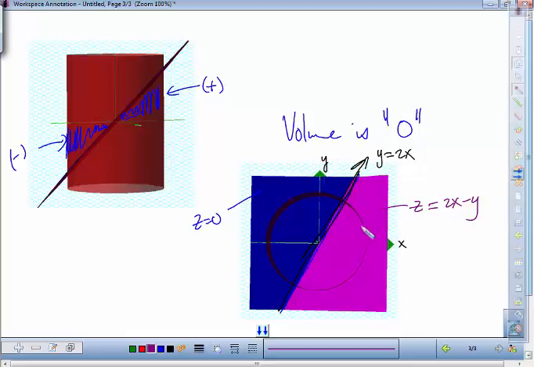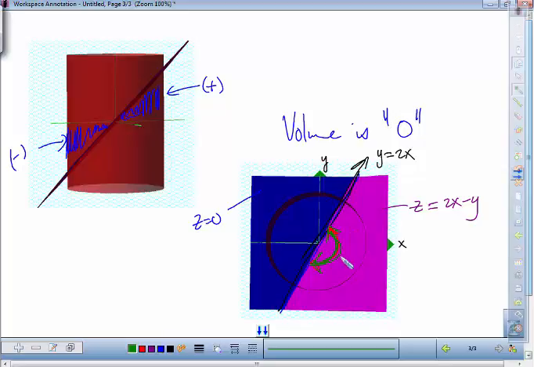And so if you want to get this in polar coordinates, your angle would be from here to here. That's going to, how about green? This angle over here is the angle, or the two angles that will give you the positive contribution of that plane that's above the xy plane.